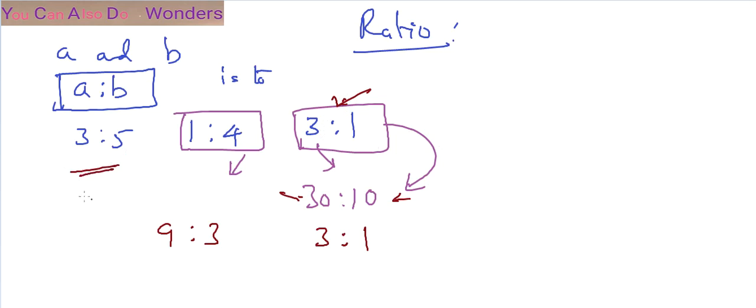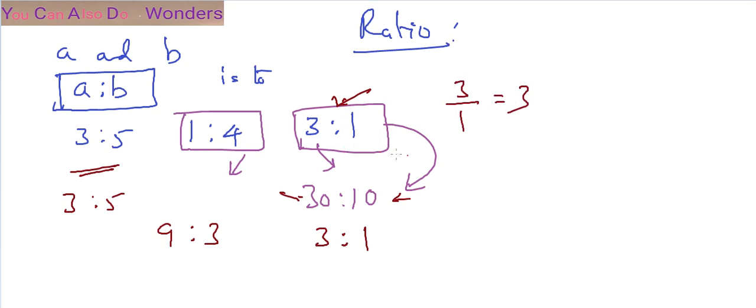Even here, 3 is to 5, what does that mean? If you take 3 is to 1 and write it as a fraction, it becomes 3 by 1, which is equal to 3. That means we saw the first one is 3 times the second quantity, correct?